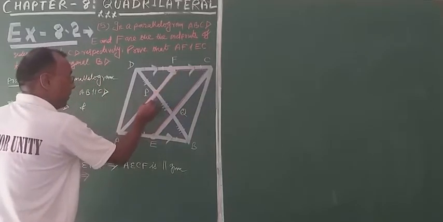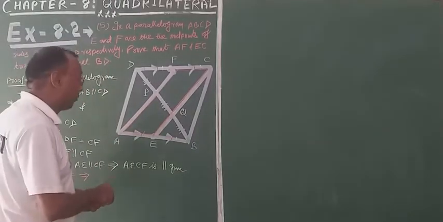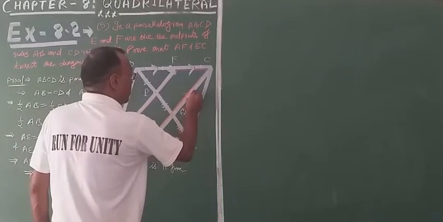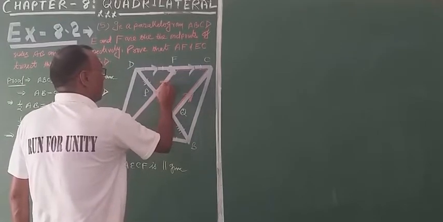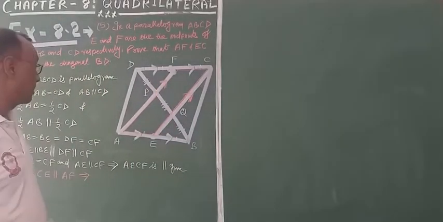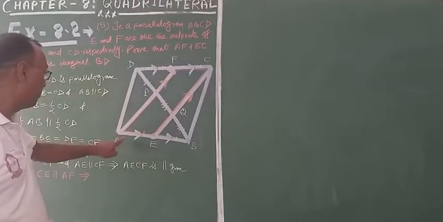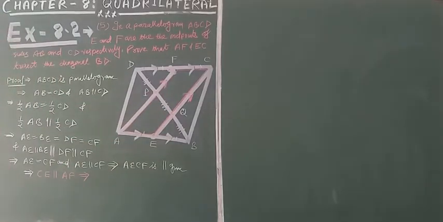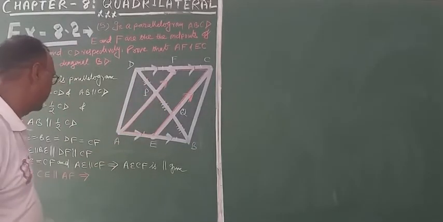If this is a parallelogram, then this side will be parallel to this: CE will be parallel to AF.